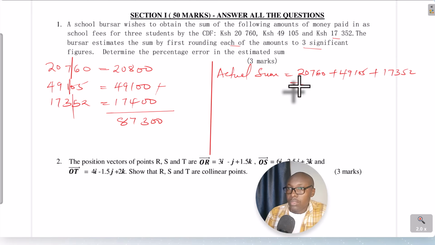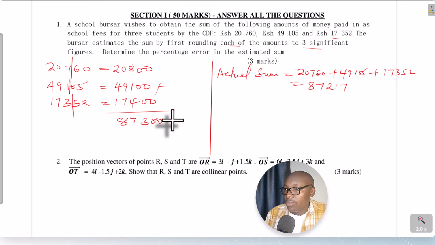So you add these, and this gives 87,217. So now you can see the error.